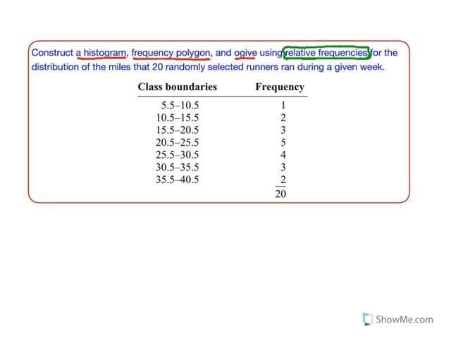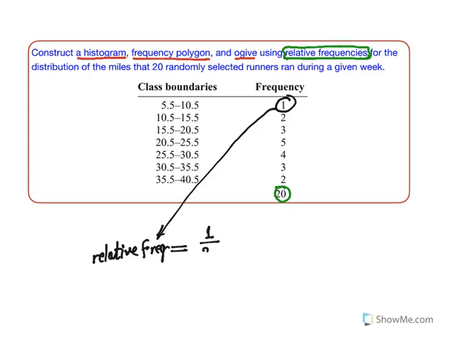And so what is a relative frequency? Let me show you. You have 20 data. So in this case, if you want the relative frequency, let's do them one by one. For one, what is the relative frequency of this? The relative frequency of anything is you divide that number by the total number and you get it as a decimal.